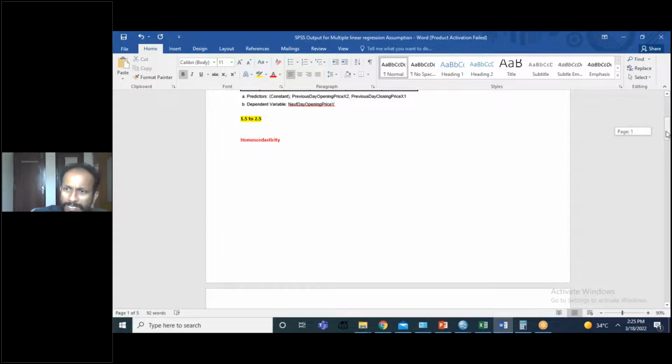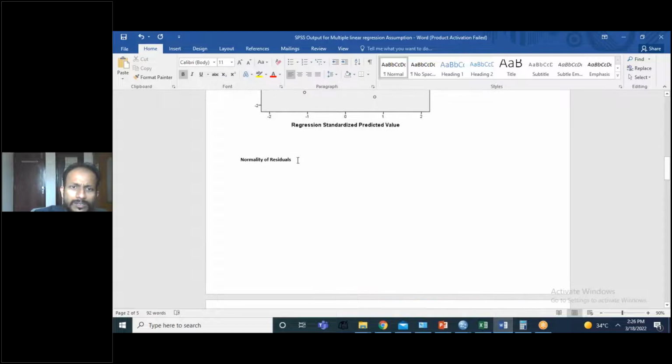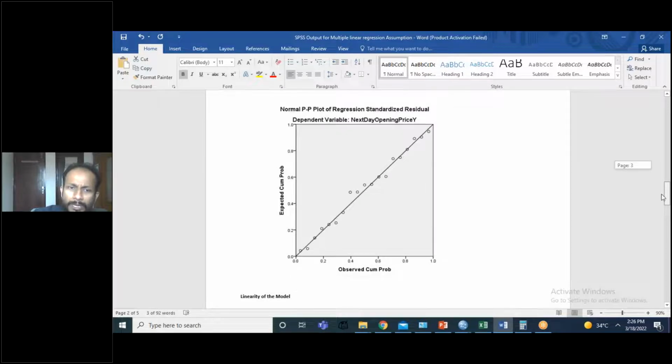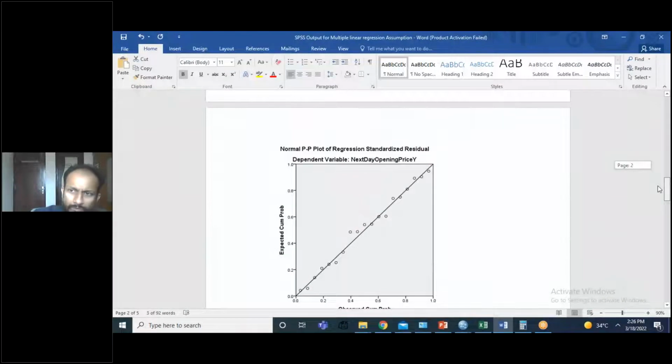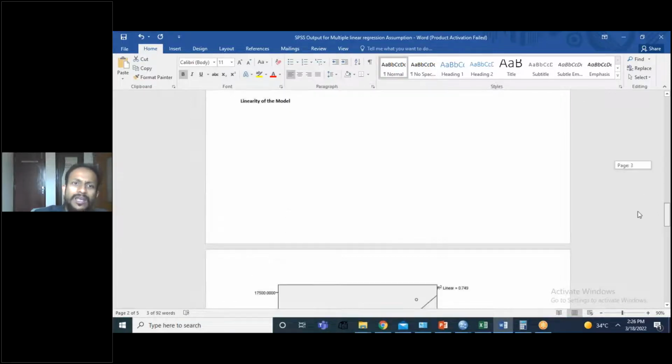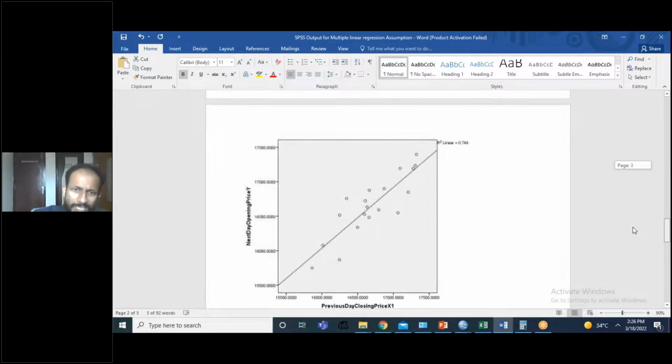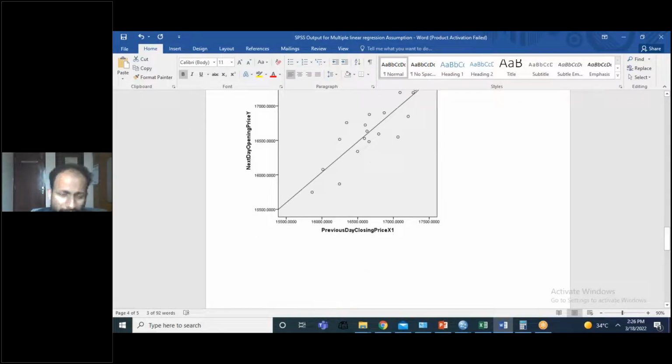The fourth one is the normality of the residuals. We have tested this using the normal PP plot, and we have also tested it using the Shapiro-Wilk test, and we checked whether the p-value is above 0.05 or not. So that was also tested. And last but not least, in fact the first one that we tested, is the linearity of the model.